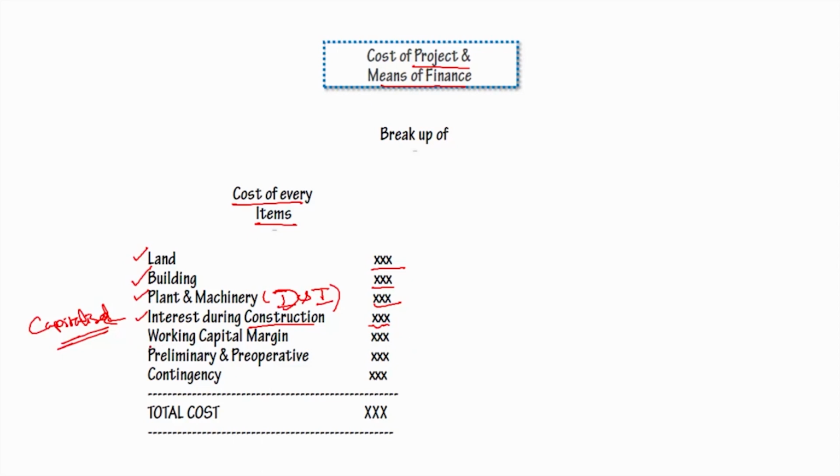Then what is the working capital margin required here? Let's say when you take up this project, this is your new project, and you start making sales. But for making those sales, you have to purchase raw material, invest in labor, and invest in other costs.